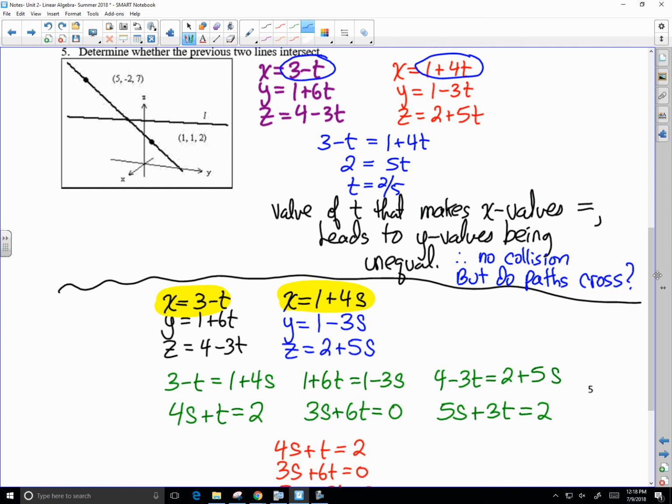So what this would mean is that if we got equality across the board here, they were either starting at the same location and traveling at the same speed and intersecting at the same location, or they were intersecting at the same location, originating at two different locations at two different speeds, which is highly unlikely.